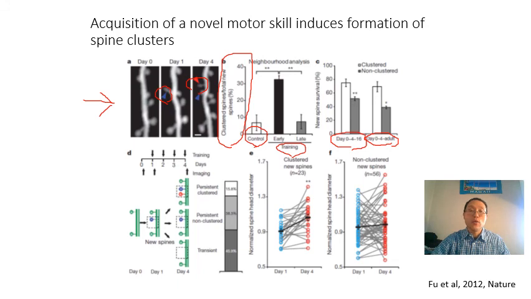Now, what you're basically seeing here is simulation data, and they're looking at the amount of the cluster spines, and you can see that the persistent cluster spines only take about 15% of all the dendritic spines.